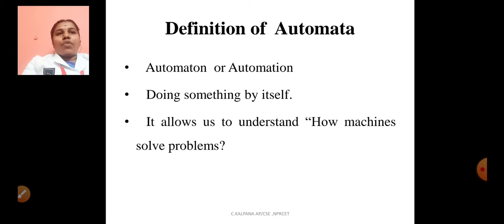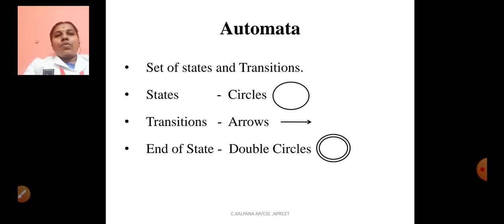First I will explain the definition of automata. The Greek word of automata is automaton, that is, doing something by itself. It helps us to understand how the machine solves problems. It is called automata. So it has some representations to solve the problem. The first one is a set of states and a set of transitions.